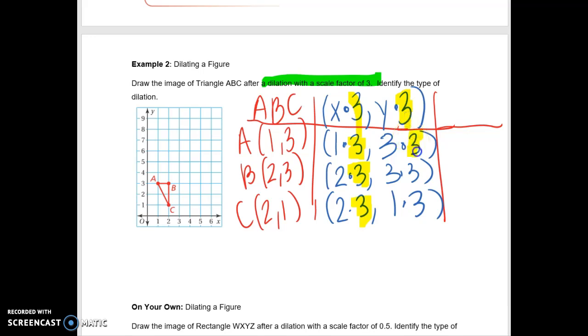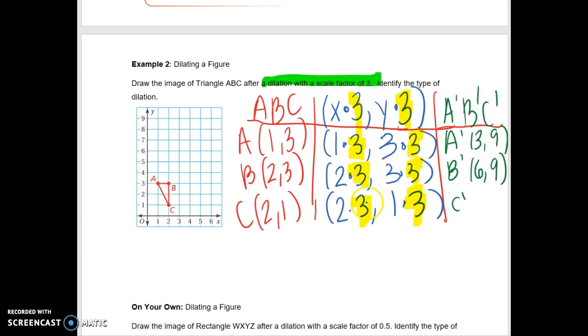And then your last column, do that in green, is going to be your new figure. So A prime, B prime, C prime. So 1 times 3 is 3, 3 times 3 is 9, 2 times 3 is 6, 3 times 3 is 9, 2 times 3 is 6, 1 times 3 is 3.